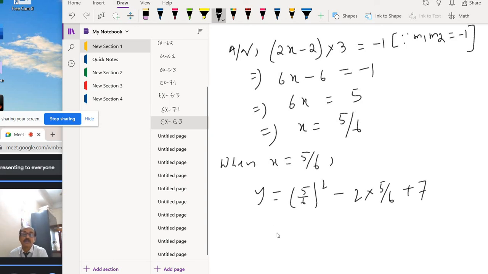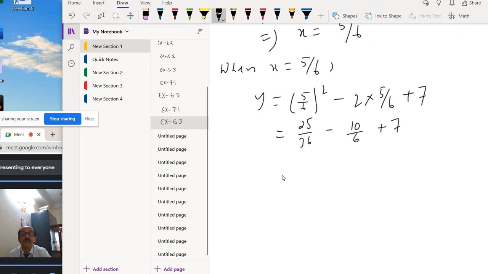Okay, so this equal to 25 by 36 minus 10 by 6 plus 7.